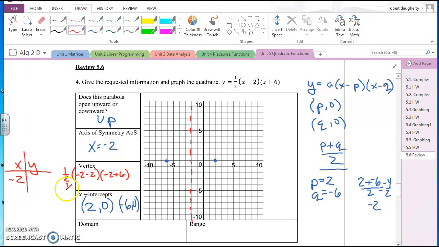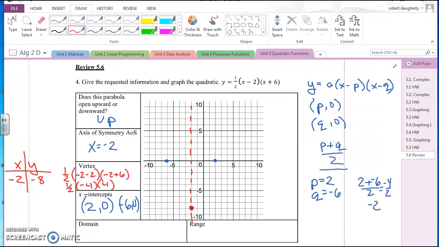So that is 1/2 of negative 4 times 4. So that's negative 16. Half of negative 16 is negative 8. So at negative 2, negative 8, that is where I will find my vertex. Okay. So that is my vertex.